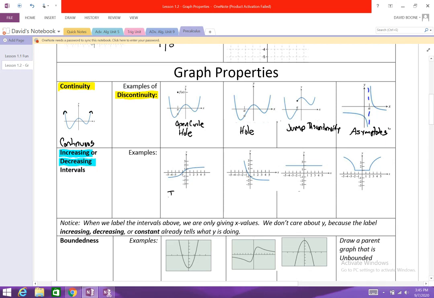So that would be an increasing interval. When I say going up, it's increasing in the y values as I read across the x values. And with this one, as I move from left to right, the graph is going down. So this is a decreasing function.